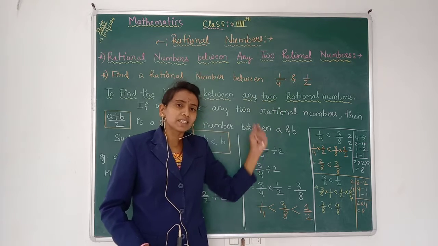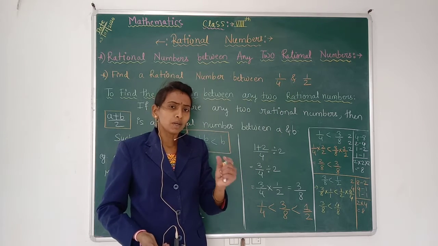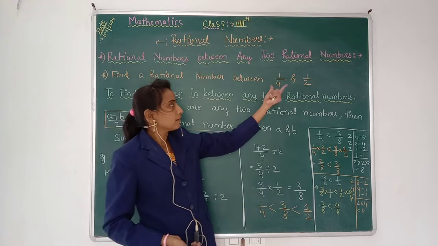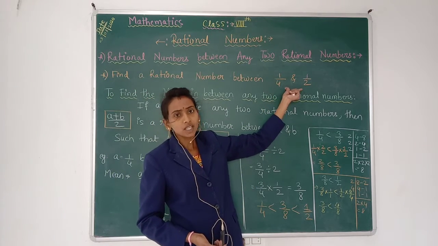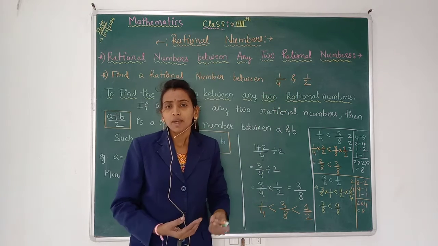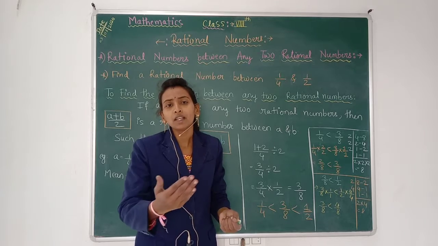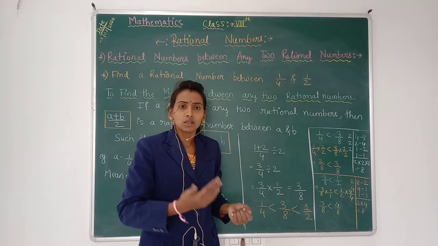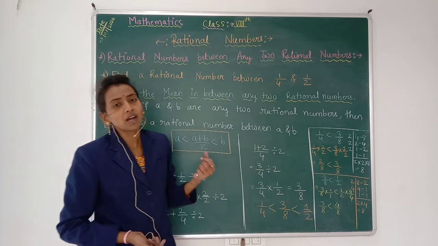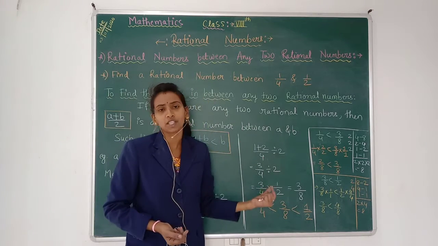In our previous examples, to find 3 rational numbers or 10 rational numbers, we made the denominators the same. Here we have denominators 4 and 2. We made the denominators the same, and by using the numerator values, we wrote so many rational numbers in between them. But here we have only one rational number.